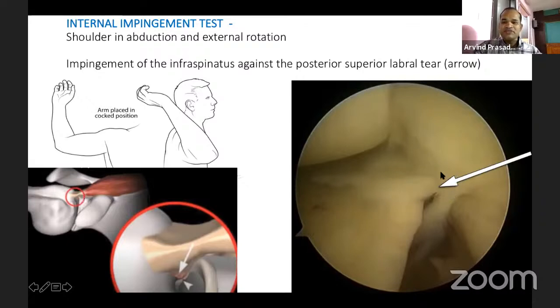Here you can see the infraspinatus getting impinged over the superolateral aspect of the glenoid. This test is usually positive in regular throwers. Again, this test has sensitivity and specificity of more than 90%.